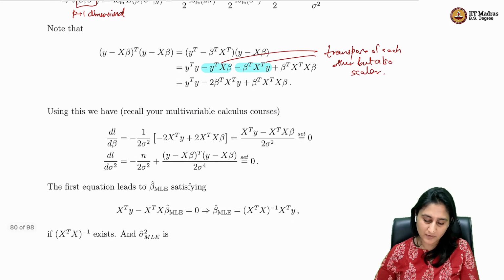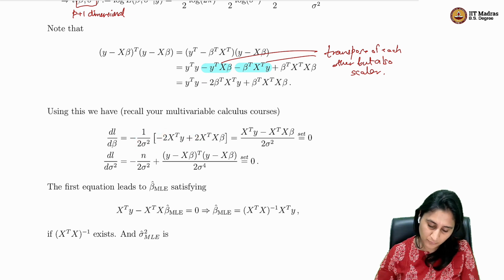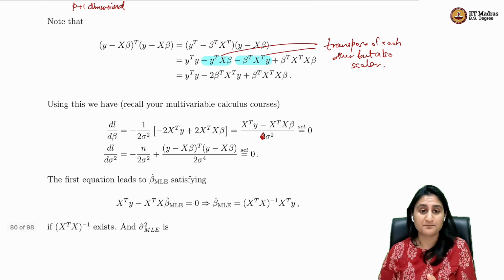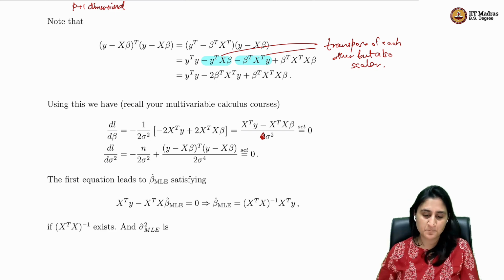Okay, and then now I just bring the negative inside, which means that the 2 and the 2 get cancelled with this, so there should be no 2 here. So this just becomes x transpose y minus x transpose x beta by sigma squared. Okay, and I'm just going to set that to 0 to get my actual maximum likelihood estimate.